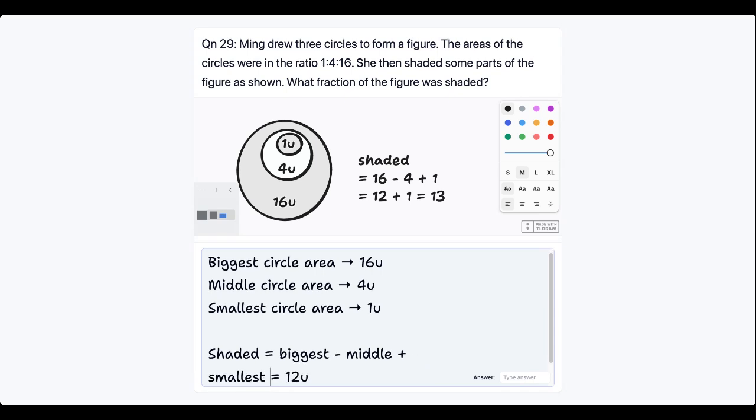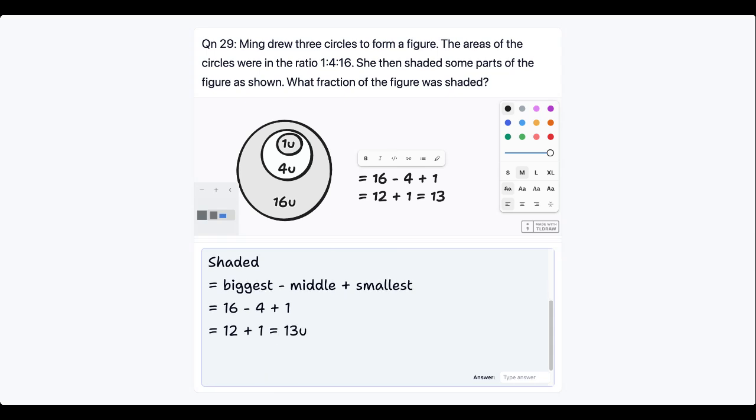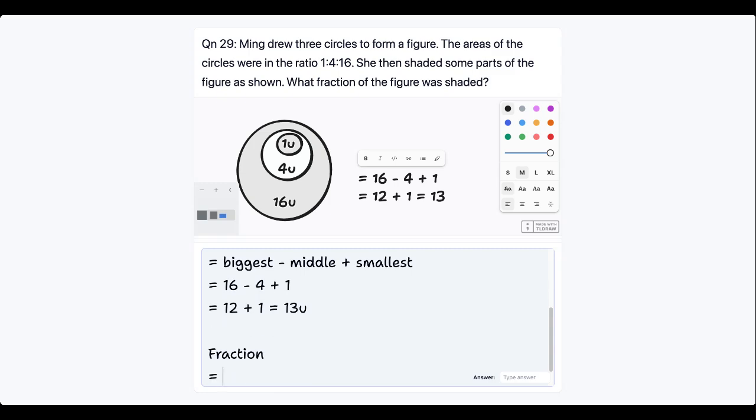And this is equal to, let me just put it like this. I'm just gonna copy this down. That's what you see over here. All right, so with that said, now we can get the answer. The fraction for shaded will be equal to shaded over total.